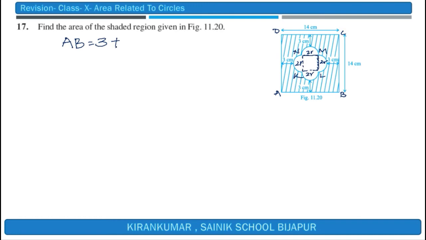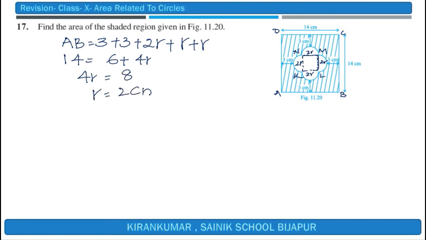So I'll write 3 plus 3 first, plus here the length of KL will be 2R, plus there are 2 smaller semicircles, they will be having the radius R and R. So we have 14 equal to 6 plus 4 times R. So 4R will be equal to 8 and the radius we get it as 2 centimeters.